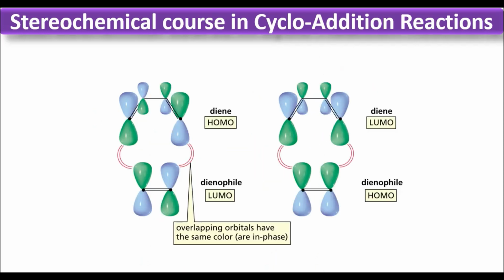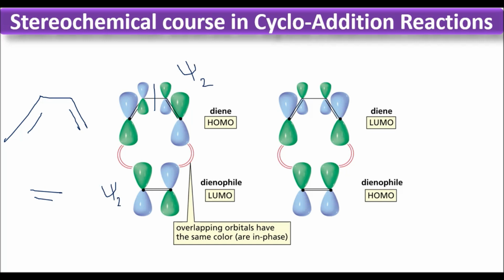The Diels-Alder reaction easily explains this. What is a Diels-Alder reaction? Diene reacts with dienophile. This is the molecular orbital of dienophile.